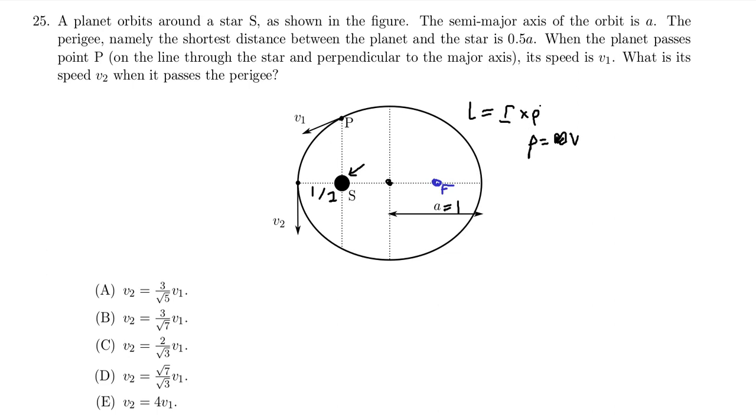If we know our position vectors, then we can easily relate the velocity here to the velocity here, because we know that this position crossed with the velocity is equal to this position crossed with the velocity. In our case, here the position crossed with velocity is just 1/2 v2. So we just need to figure out what our position is here, and then cross it with the velocity.